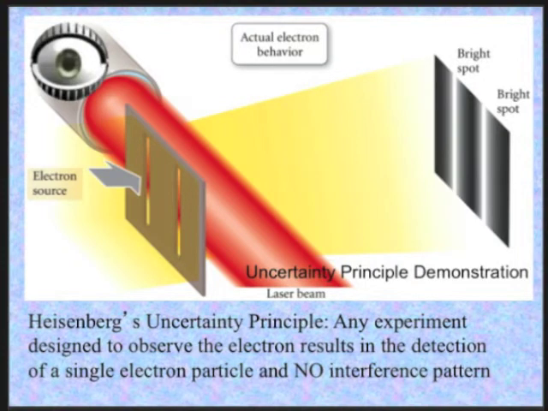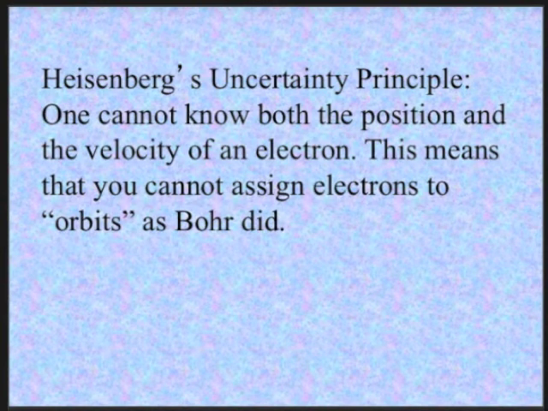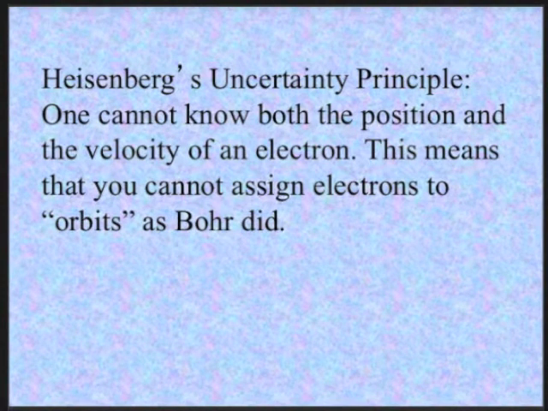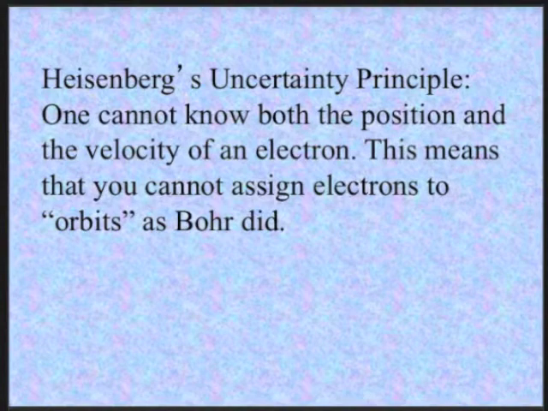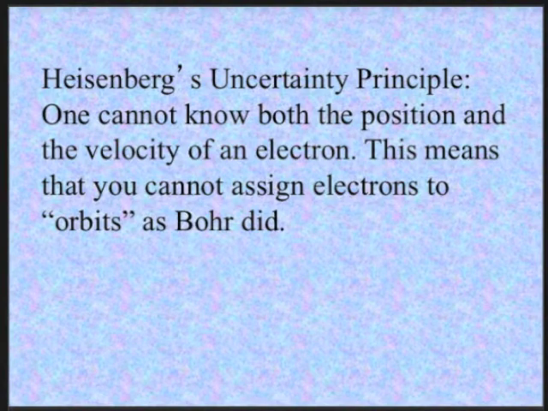This idea became codified in the Heisenberg uncertainty principle. One cannot know both the position and the velocity of an electron. This means that you cannot assign electrons to orbits as Bohr did. Instead, much more progress was made by treating the electron as a wave.